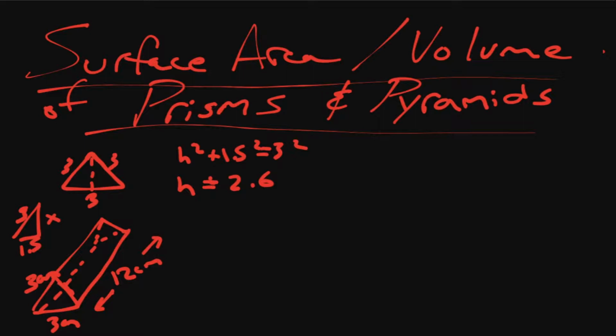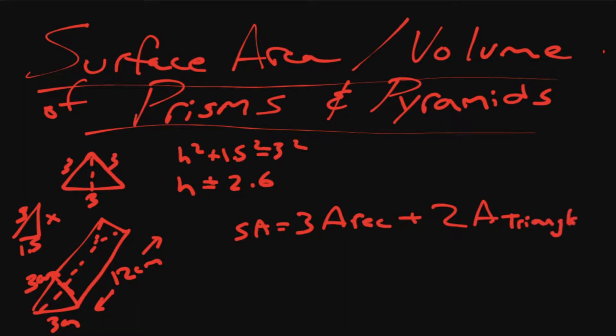So now we know that this triangular prism has 3 rectangles, each 3 centimeters by 12 centimeters. So the surface area is equal to 3 times the surface area of the rectangles plus 2 times the area of the triangles.